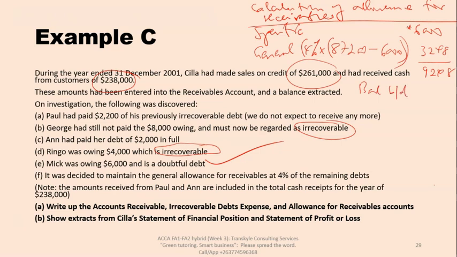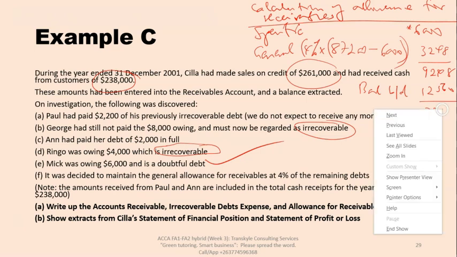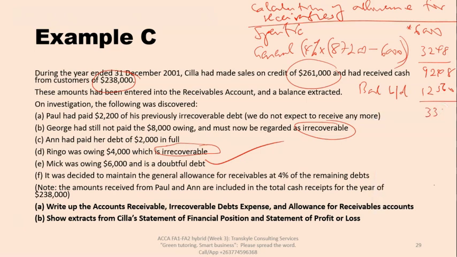So then I have to get the difference, and this difference is what we call a decrease, because we have decreased from 12,560 to 9,248. So the difference is 3,312. This is what is called decrease in allowance for receivables.